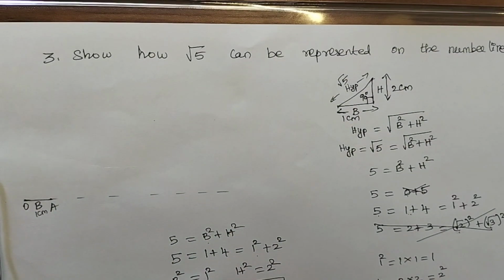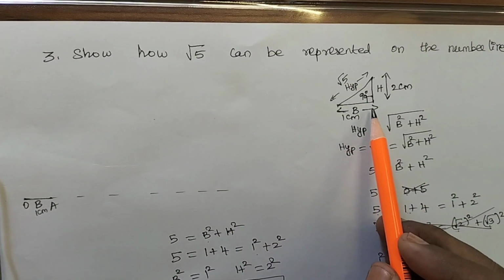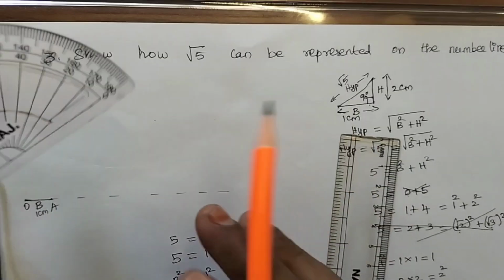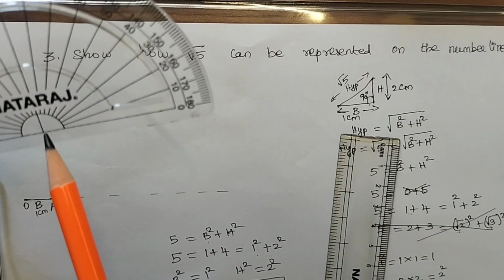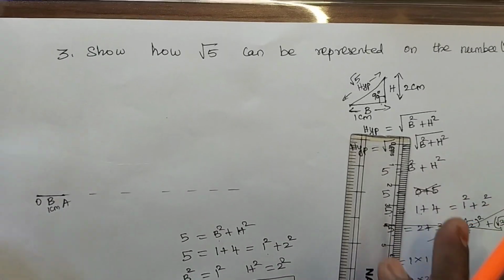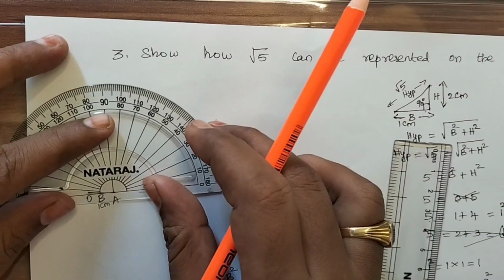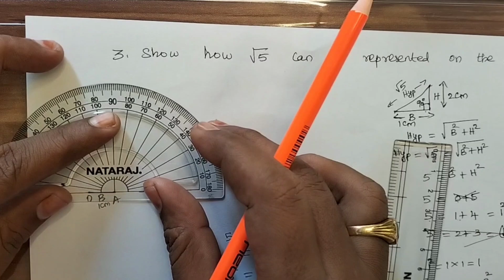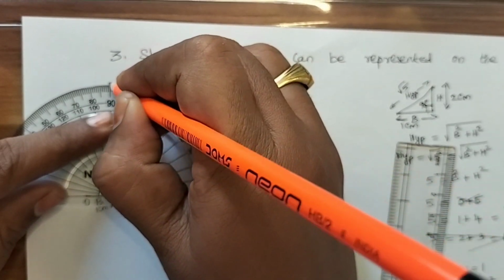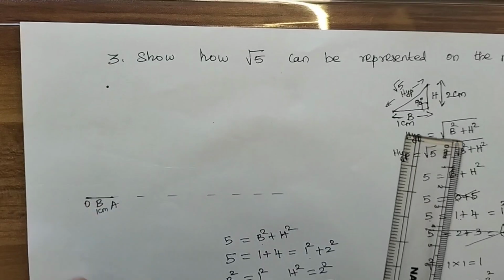Then since in the right angle triangle you have 90 degrees, use the protractor. The protractor midpoint you have to keep at A. So keep the protractor midpoint at vertex A correctly and then measure 90 degrees since it is a right angle.